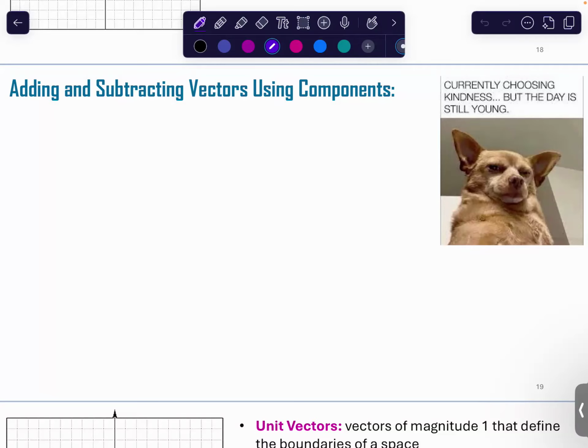So, what if we have vector A and it has components AX and AY, and we have vector B and it has components BX and BY.